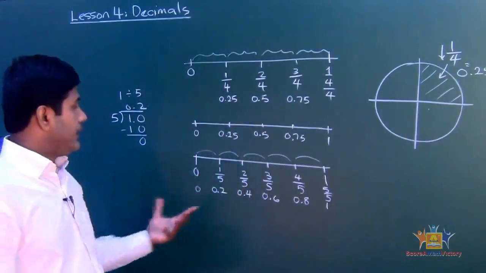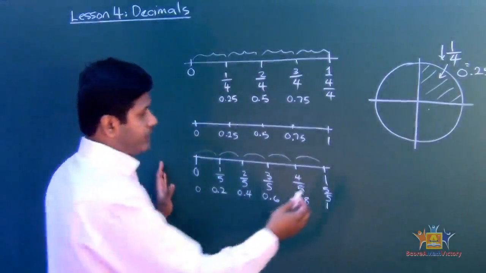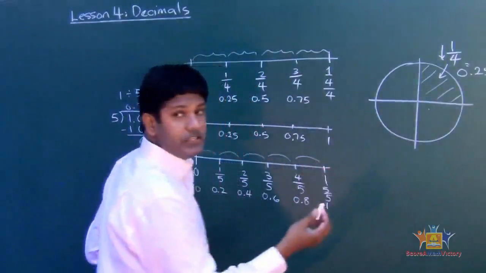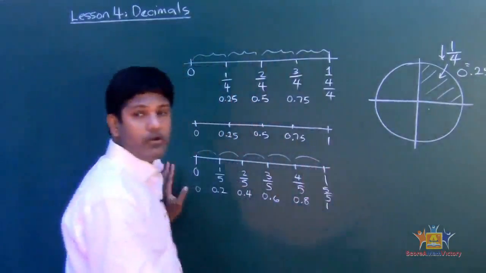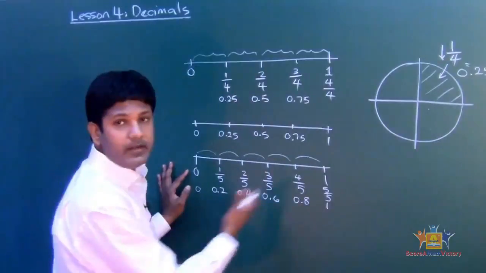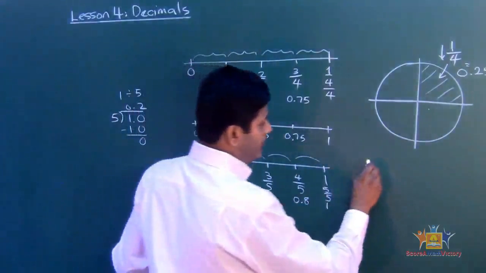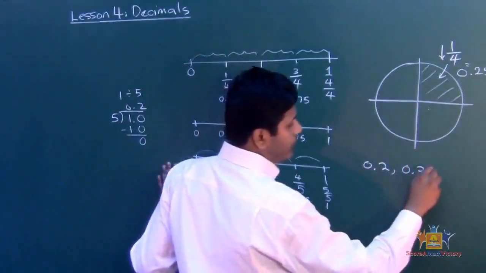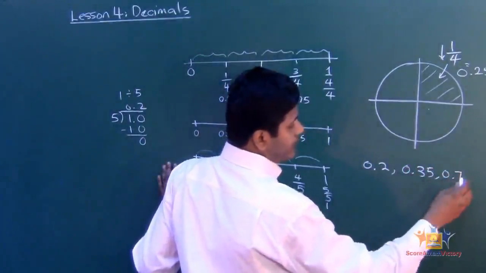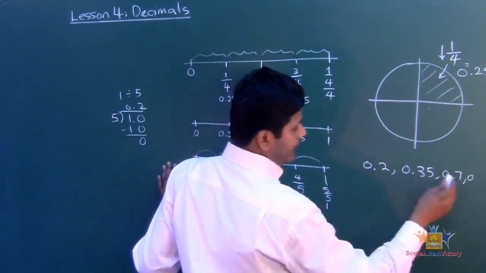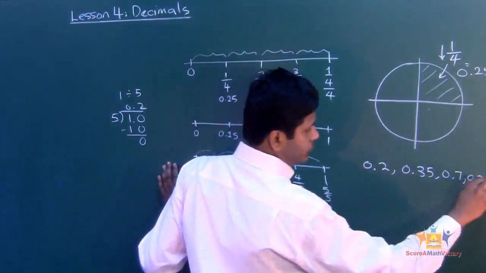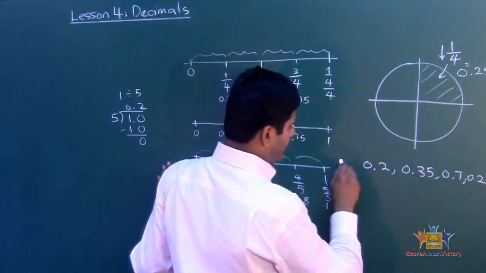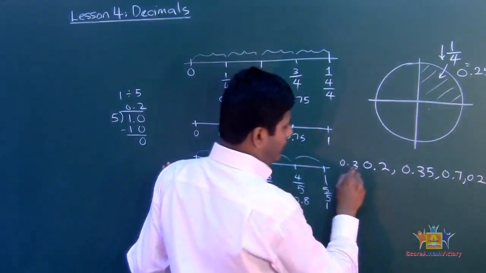Now, if I ask you to arrange numbers in increasing or decreasing order, you could use the number line to arrange them too. Let's say I give you 0.2, 0.35, 0.7, 0.25, and then 0.3.